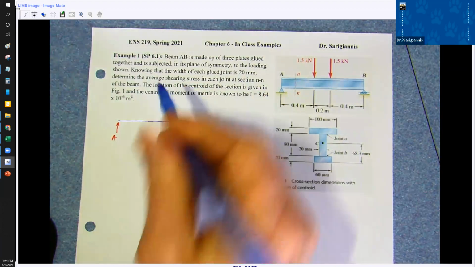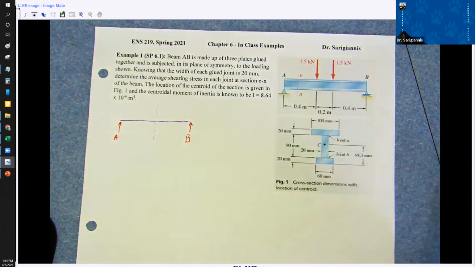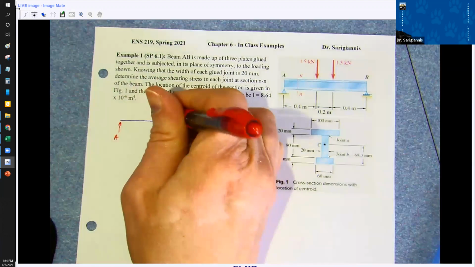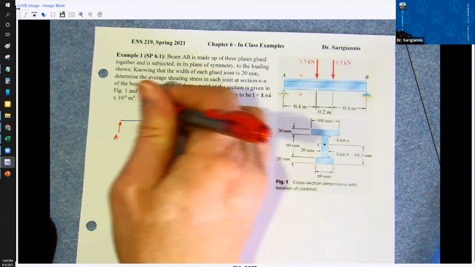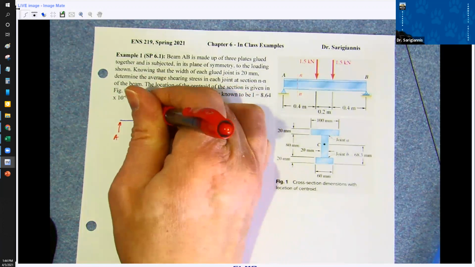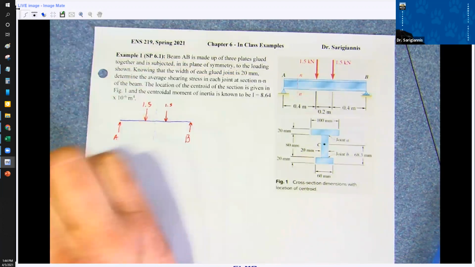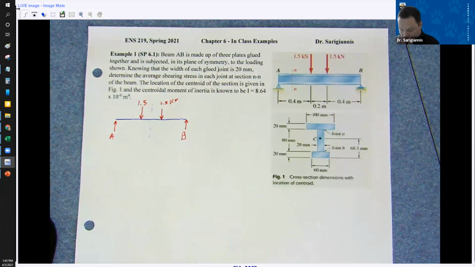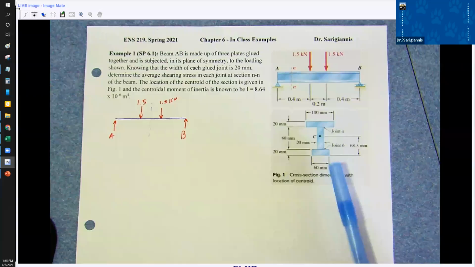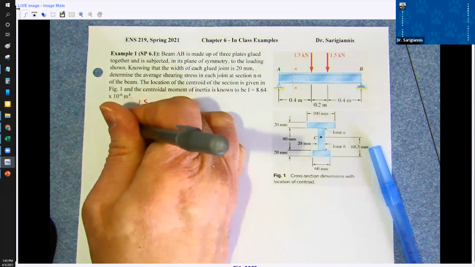And then right in the middle, we've got 1.5, this is kilonewtons. We got 0.4.